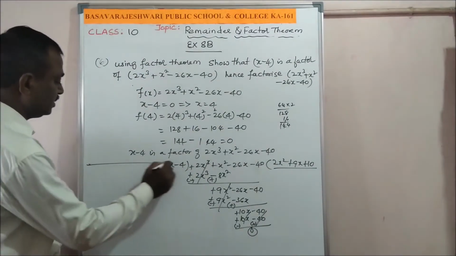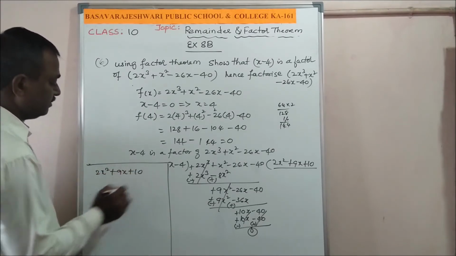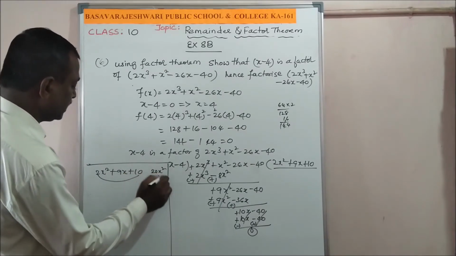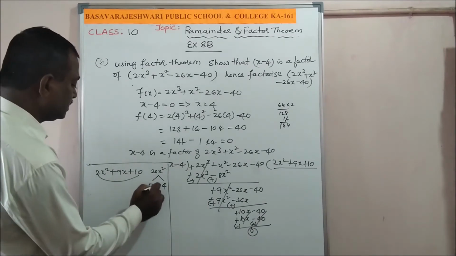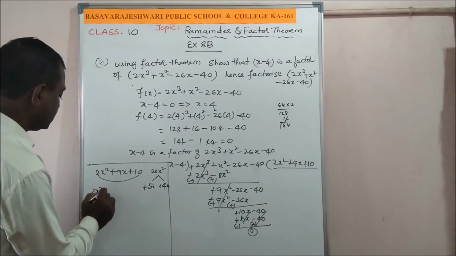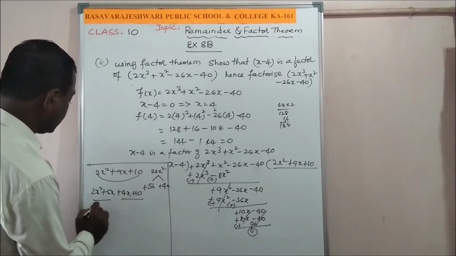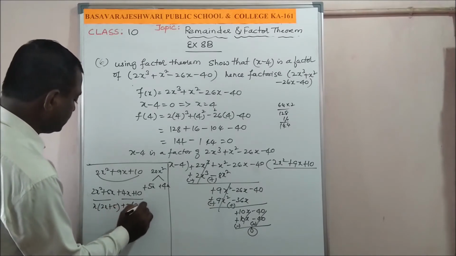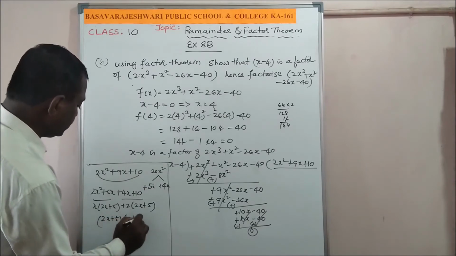So what do you have to do next? You have to factorize 2x square plus 9x plus 10. 10 times 2 is 20, two factors: 5 fours are 20, 5 and 4. So 2x square plus 5x plus 4x plus 10. x common: 2x plus 5, plus 2 common: 2x plus 5. 2x plus 5 is one factor, x plus 2 is another factor.